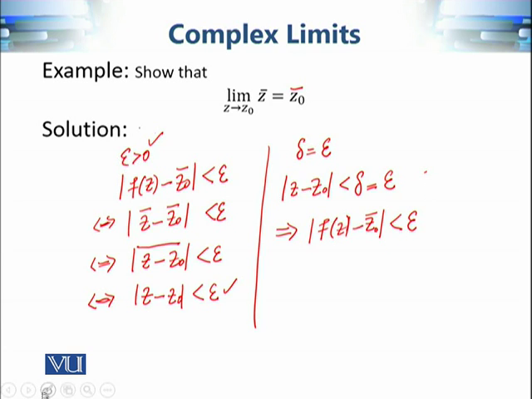Let's write it down again: the modulus of f of z minus z0 conjugate is less than epsilon whenever we consider the modulus of z minus z0 less than delta. So that's why we can say that the limit of this conjugate function when z approaches z0 is equal to z0 conjugate.